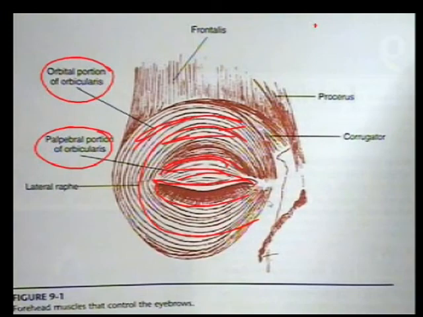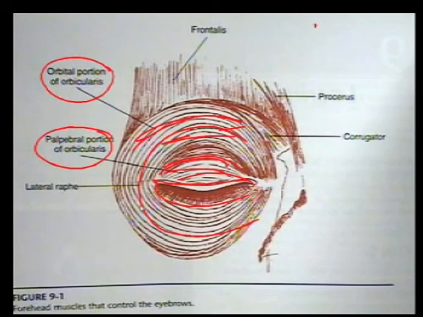Okay, so as we look at this, now we see a frontal view of the eye, and we can see right about here is where you would have a fold in your eyelid. You know, right up here is about where your eyebrow would be.